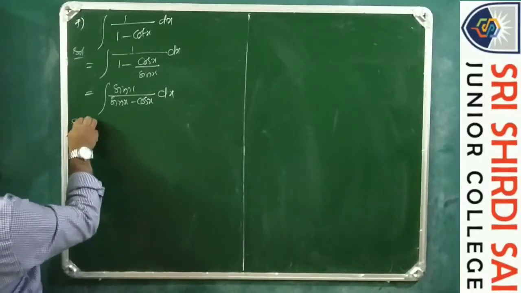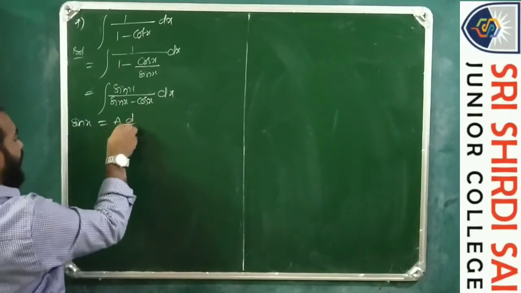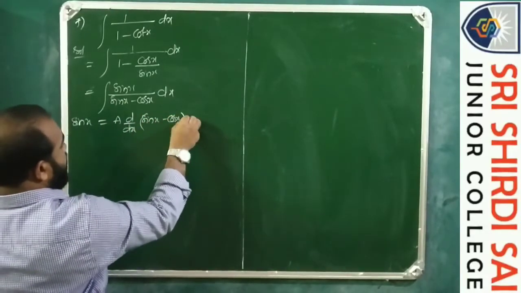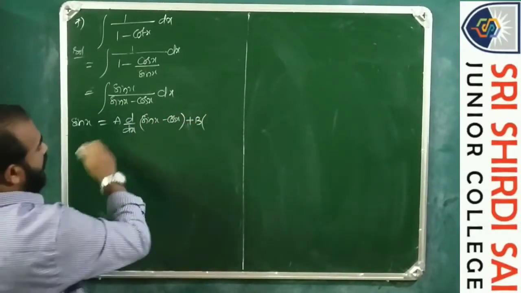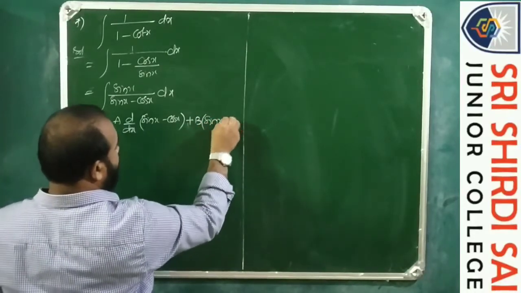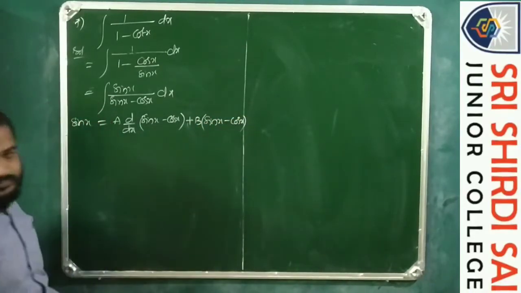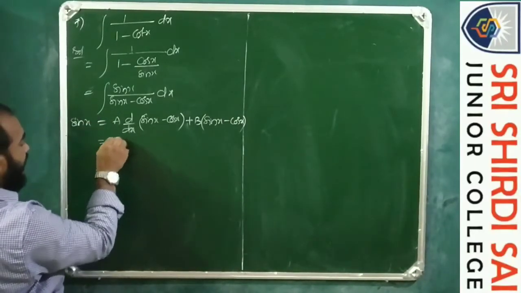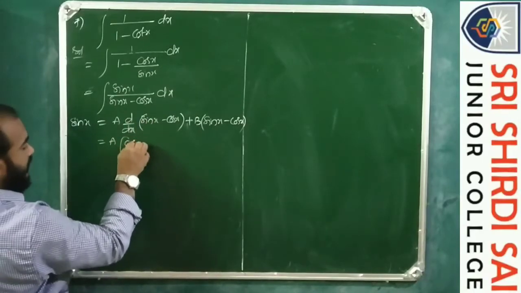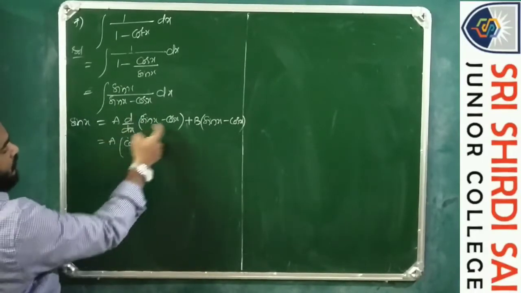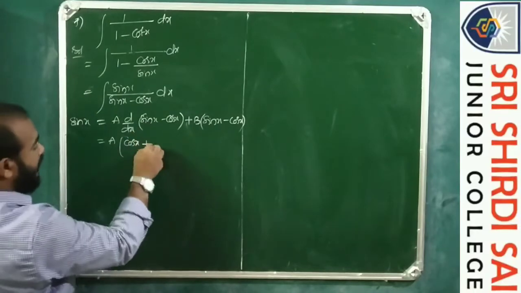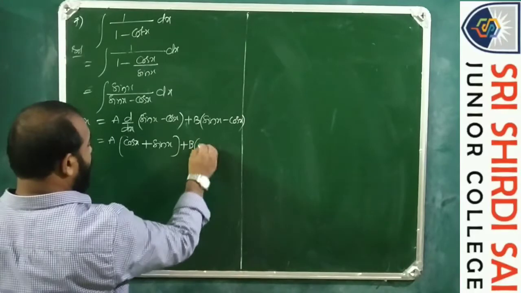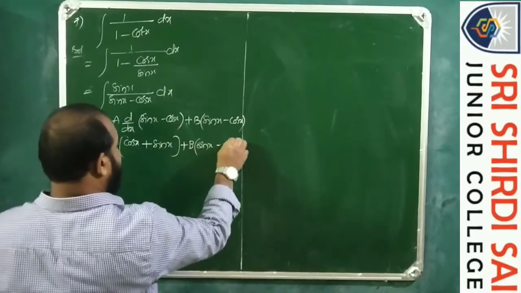So the numerator is equal to a into d by dx of the denominator sin x minus cos x, plus b into the denominator sin x minus cos x. Before that, a into d by dx of sin x is cos x, minus d by dx of cos x is minus sin x, minus of minus is plus sin x, plus as usual sin x minus cos x.